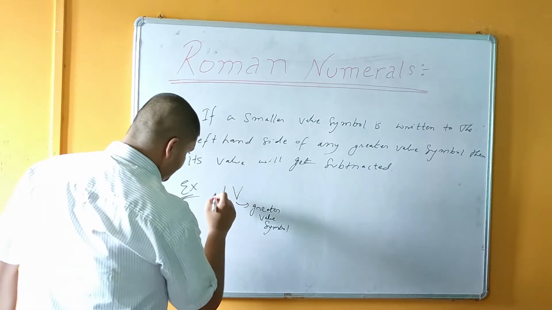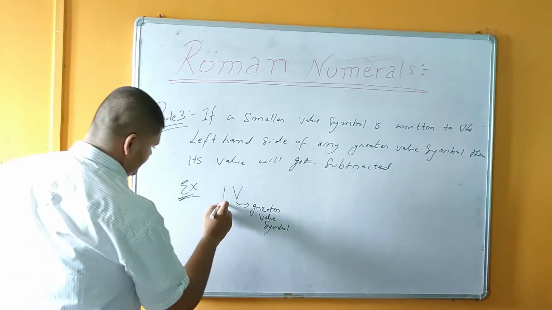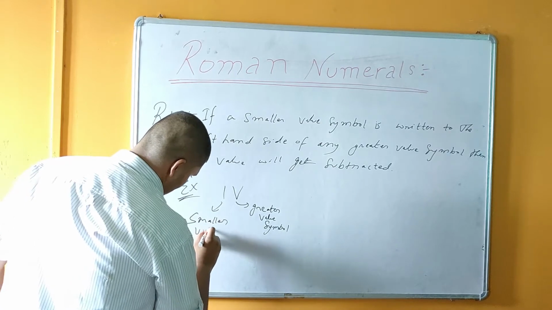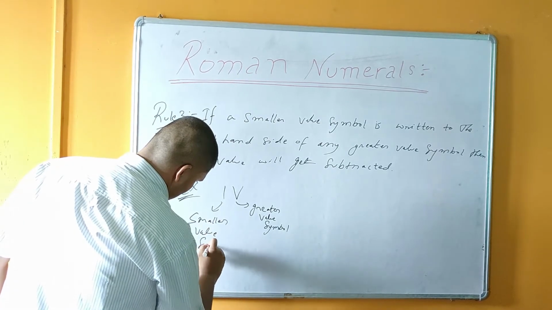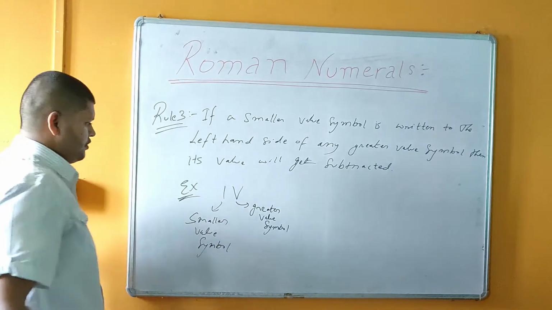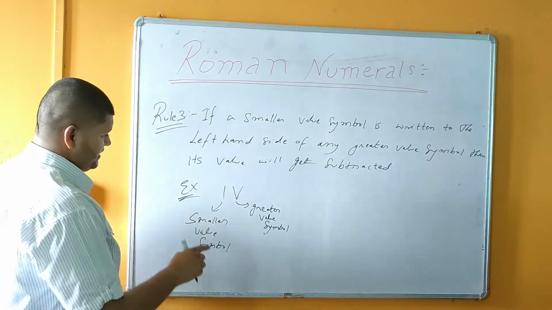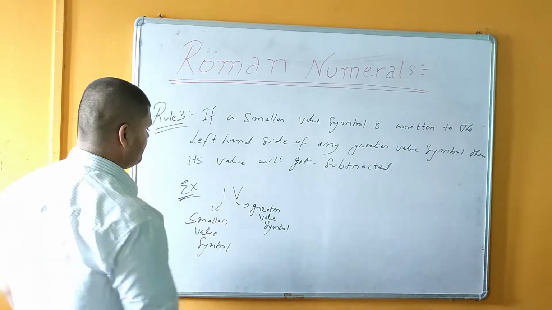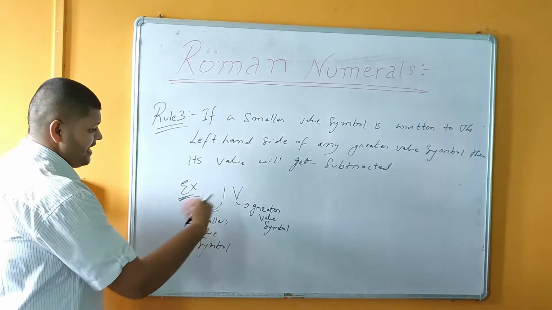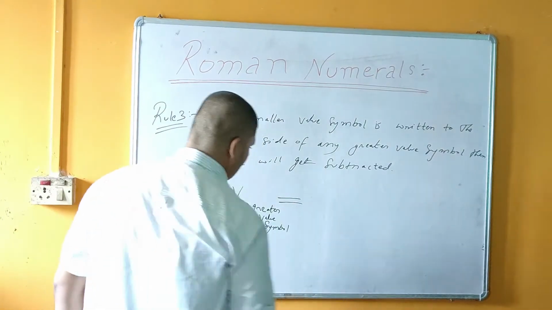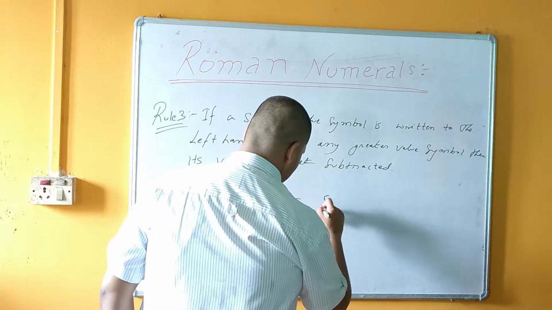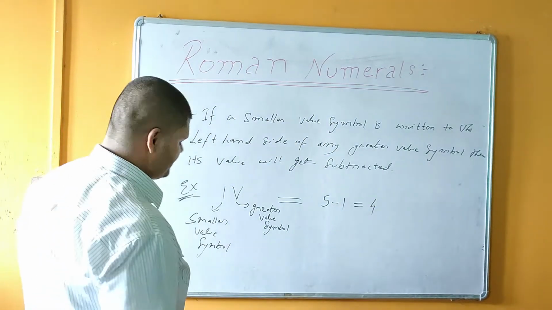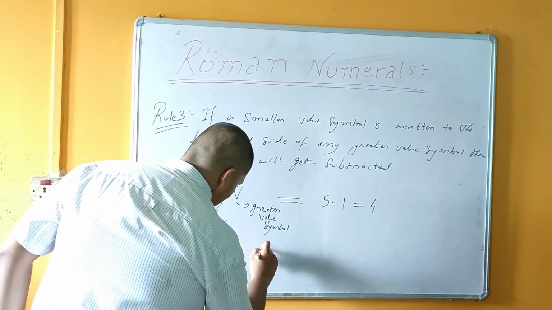So this 1 is written on the left hand side of the greater value symbol. When the condition is like this, its value will get subtracted. This is 5 minus 1. It is representing 4.